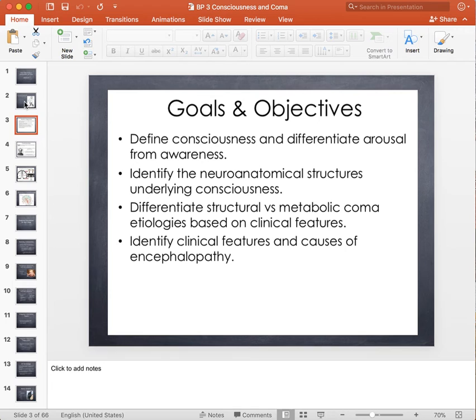Clinically, you should learn to differentiate a structural versus a metabolic coma based on clinical features, because it really informs the way that you might diagnose the underlying cause as well as the management. Lastly, we want you to be able to identify clinical features and causes of encephalopathy or delirium. We'll also go a little bit over management of intracranial hemorrhages, as well as a few classic metabolic syndromes.